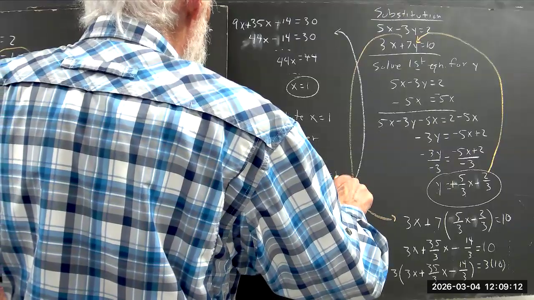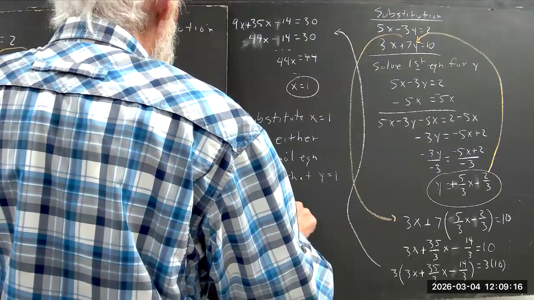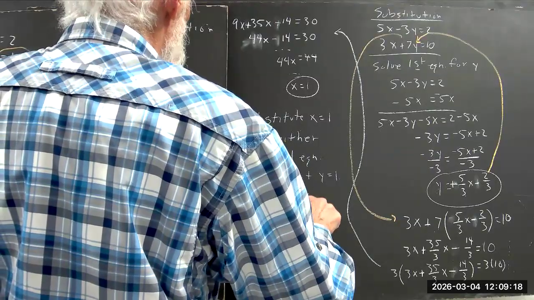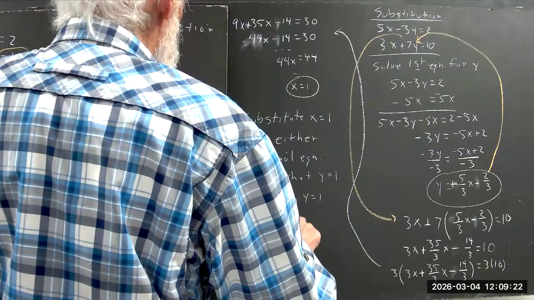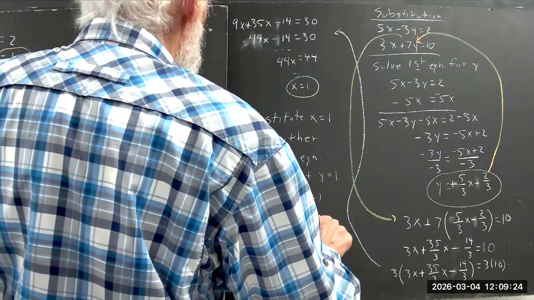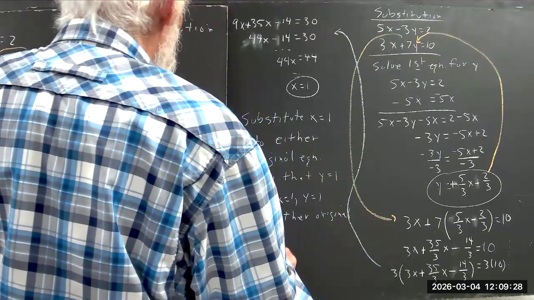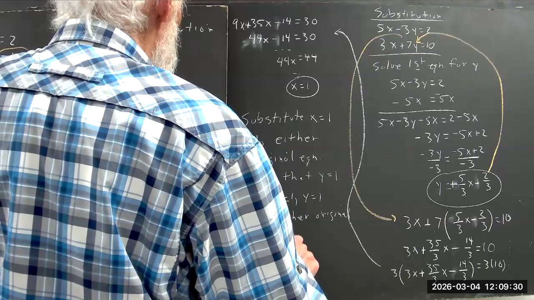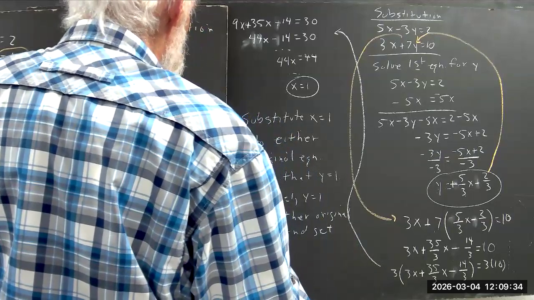Find that y equals 1. Then plug x equals 1 and y equals 1 into the original equation. And what you get is an identity.